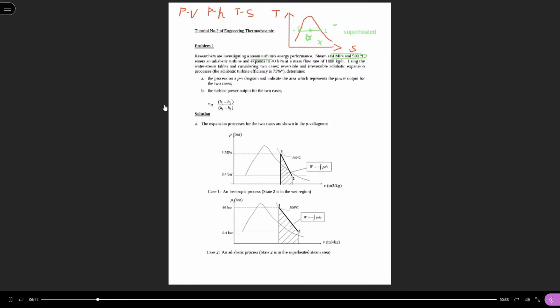We need to check from our saturation table. Please let me know: at 4 megapascal, what is the saturation temperature? Check from the table. If water steam is at 4 megapascal, what's the saturation temperature? Please type your answer here.